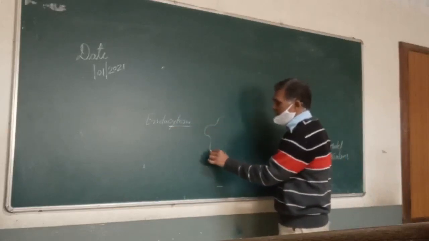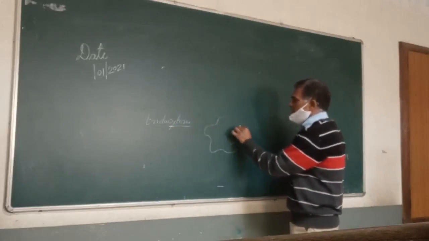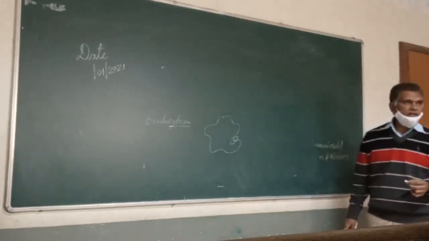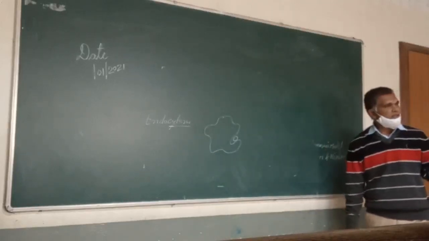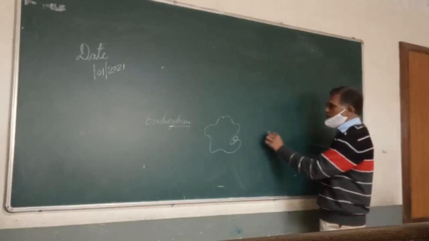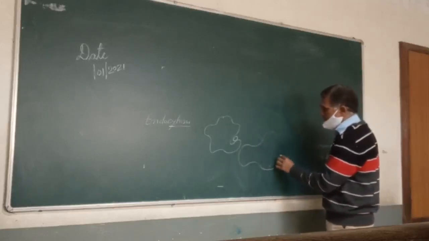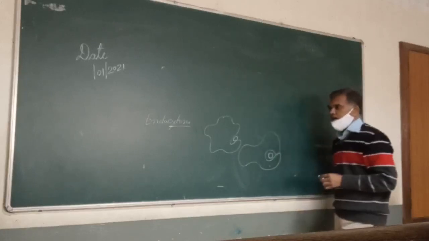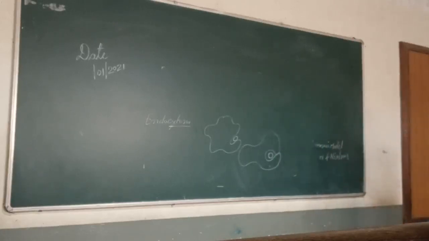Amoeba has an irregular structure. Whenever it contacts food material, it forms pseudopodia, that is false feet, and these pseudopodia engulf the food material inside this way, and that process is known as endocytosis.